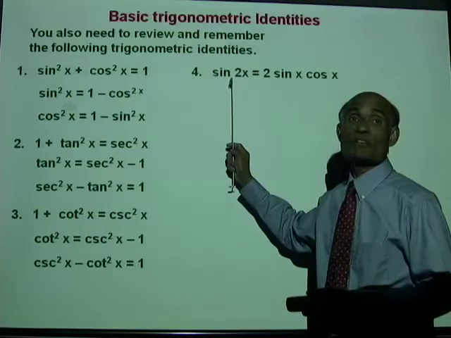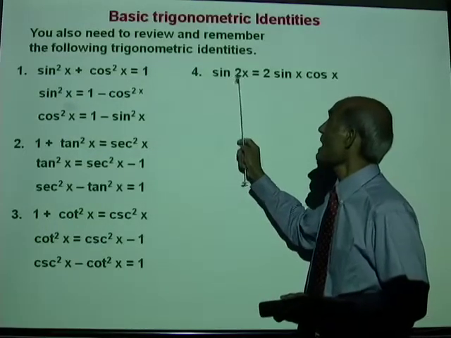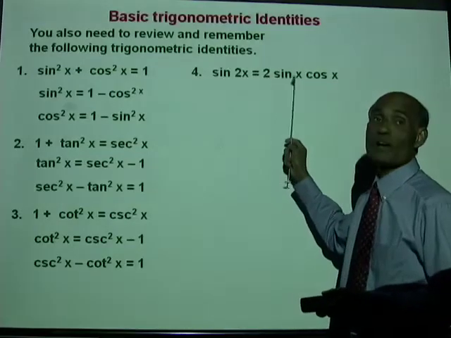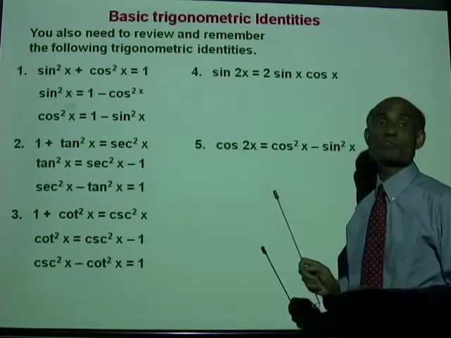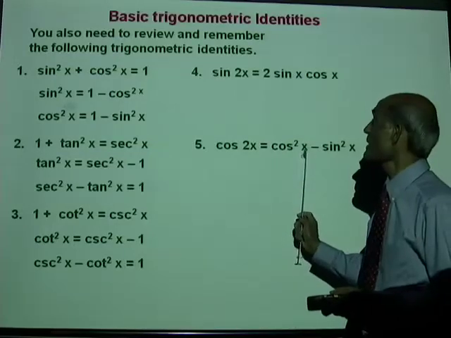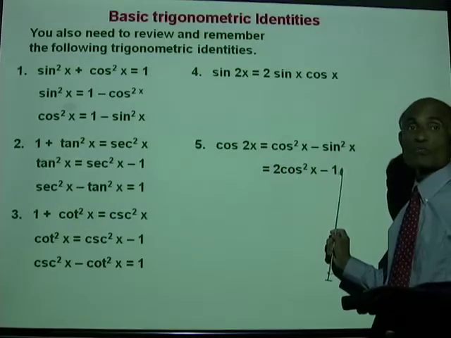The double angle identities, we will use them profusely in this lesson. Sine of 2x is 2 sine x cos x. Cos of 2x is cos squared x minus sine squared x, which is the same as 2 cos squared x minus 1.